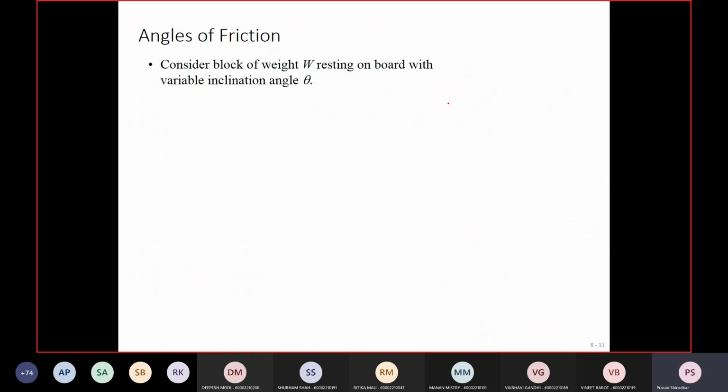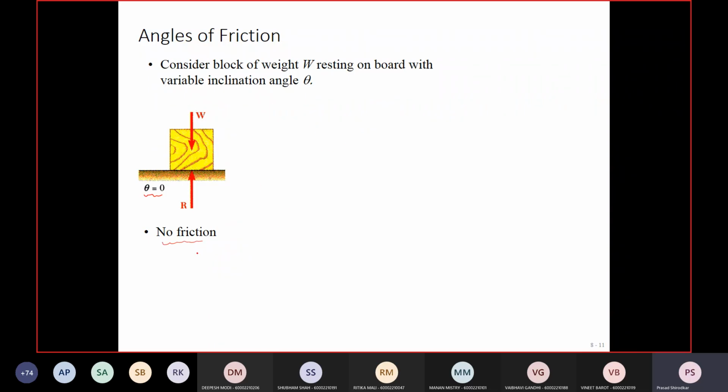So what happens if this block is inclined? In this case, theta is 0. So this is just the self weight, and there is no external force applied. It is just the self weight. So in this case again there will be no friction.